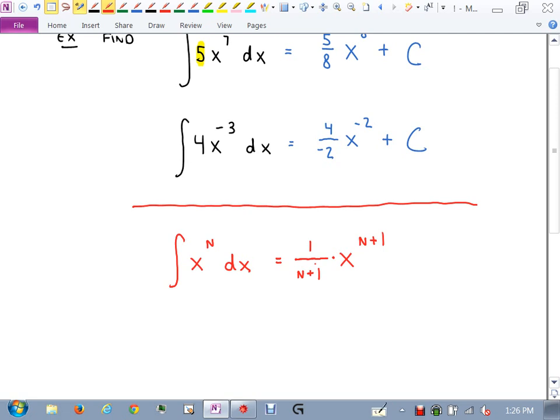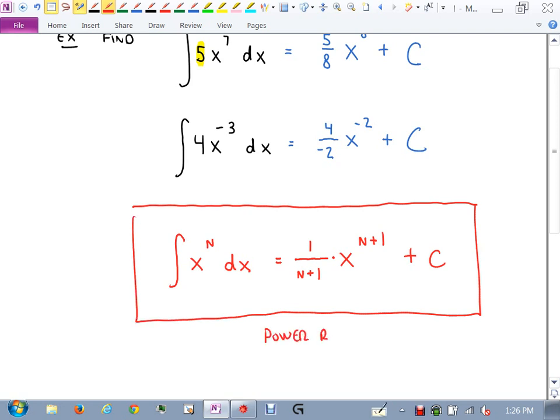It'll cancel out, and then we subtract 1 from the power, and we get our n. So, do you see this? Add a constant of integration onto it, and you have now created what is called the power rule. But not for derivatives, the power rule for what? For integration.